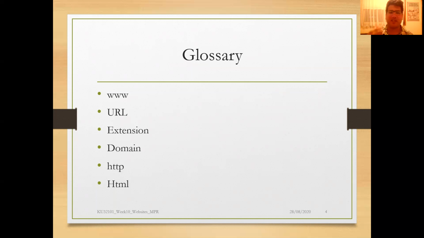Then extension is the last part of the address, and that could be for an educational institution or a governmental institution. We'll look at that a bit later. So I want you to look up the meaning in English for the other 3 terms by yourself. You can use Google, and we'll go over those in the practicum session.